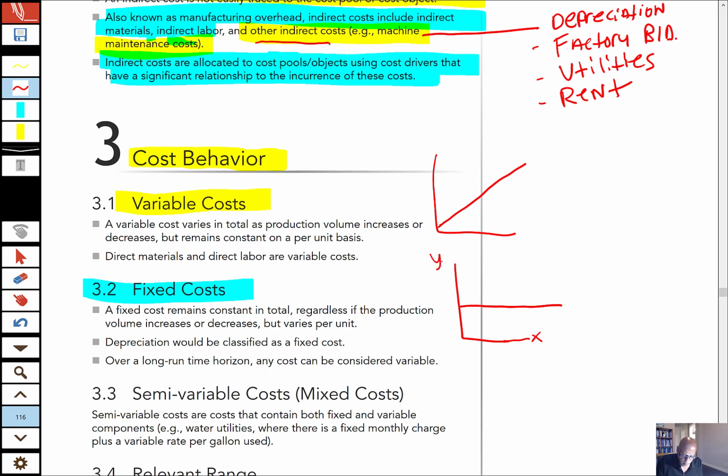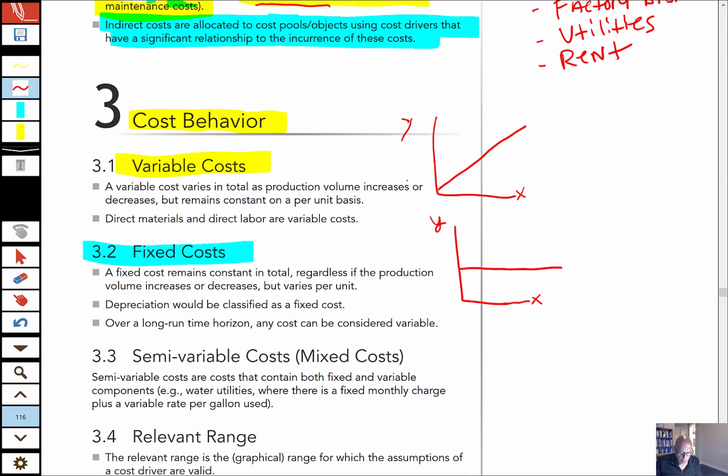For our cost behavior discussion, we have this X and Y axis here, and for our fixed costs we stay the same regardless.